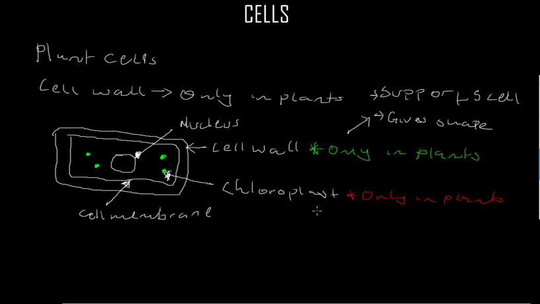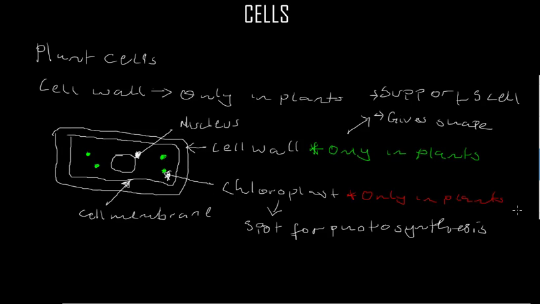It is the spot for photosynthesis. So if a plant does not have chloroplast, then photosynthesis won't happen, and if photosynthesis doesn't happen, it won't be able to make its own food.